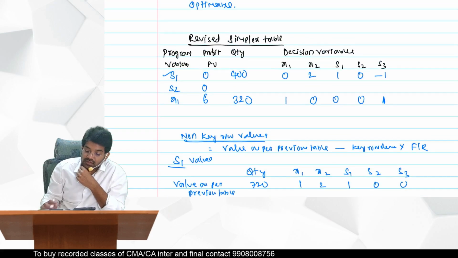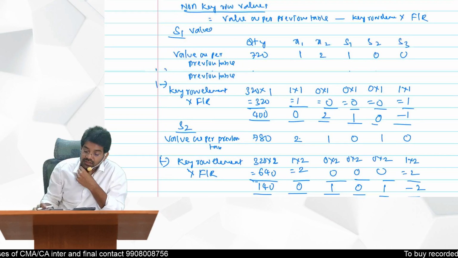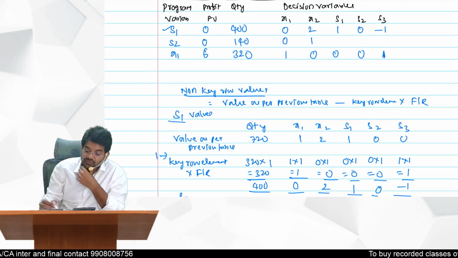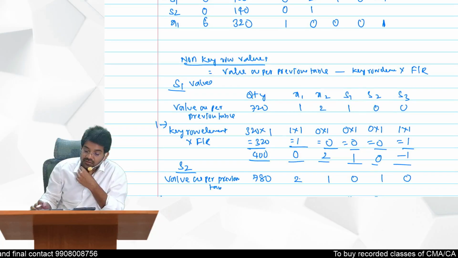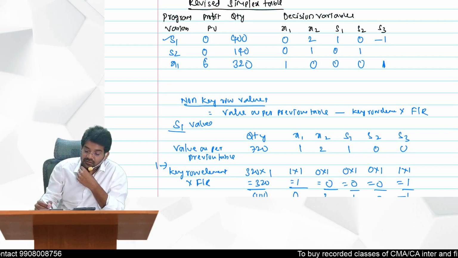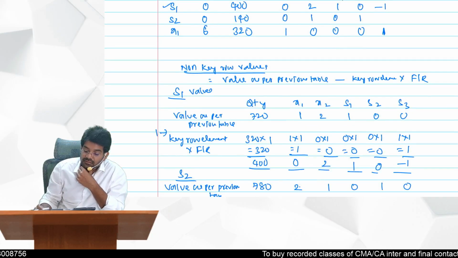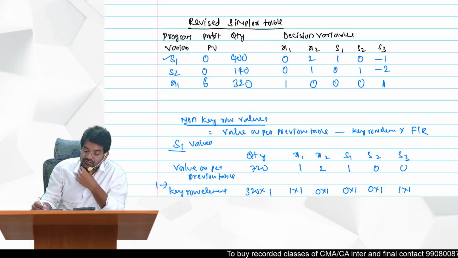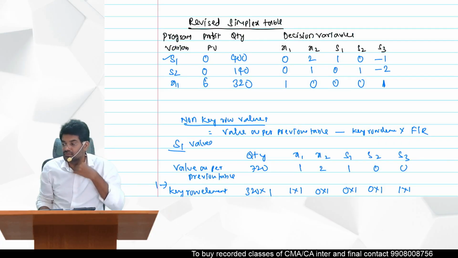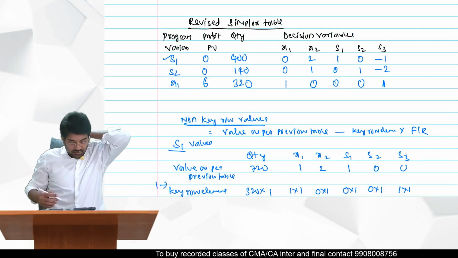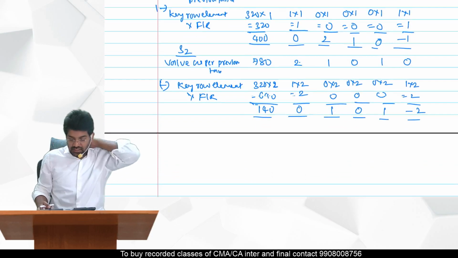So take that here: 140, then 0, 1, 0, 1, minus 2.